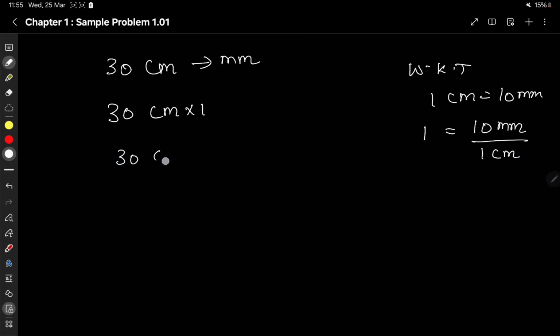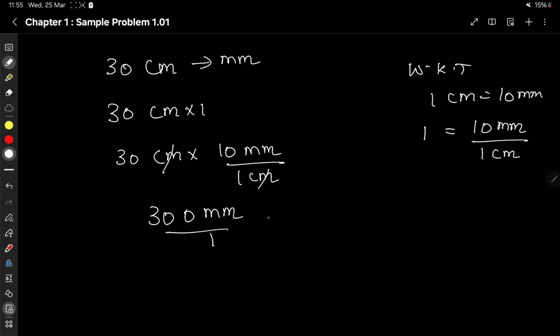So 30 centimeter into 10 millimeter by 1 centimeter. So this will cancel. So 30 into 10 is equal to 300 millimeter by 1, which is equal to 300 millimeter. Or we can write 3 into 100 millimeter, which is equal to 3 into 10 to the power 2 millimeter. It's up to us how to write the results.